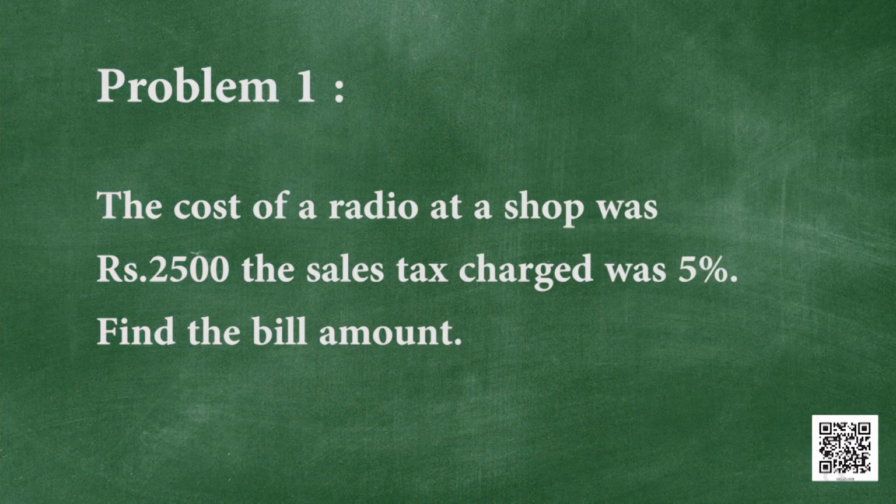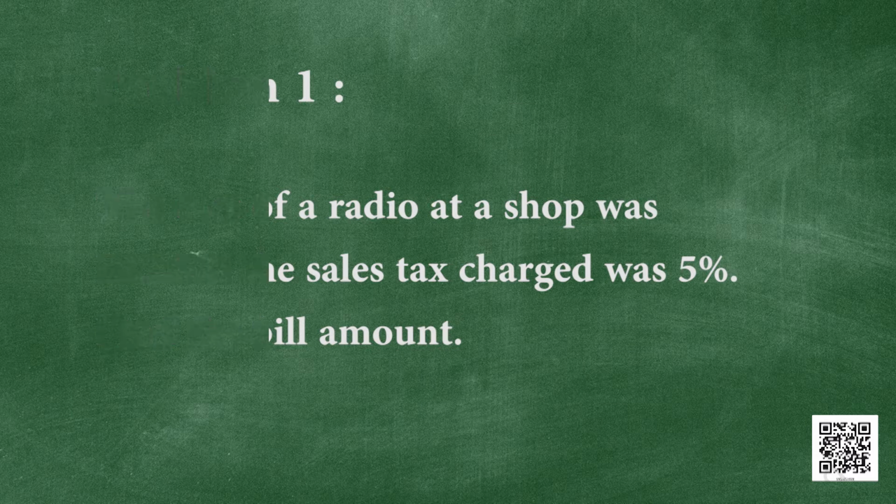Students, now let us try to solve some problems on each tax. So, let us see the first problem. The problem says the cost of a radio at a shop was rupees 2,500. The sales tax charged was 5%. Find the bill amount.